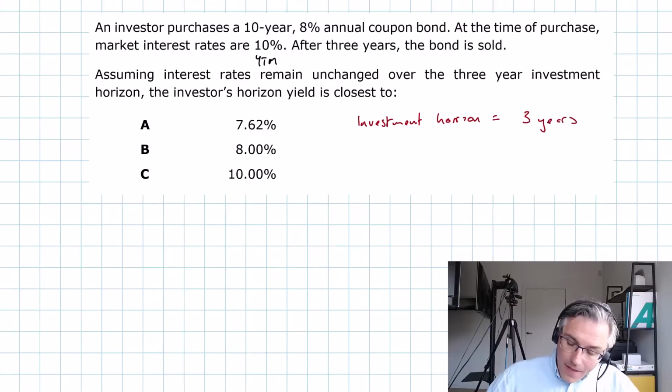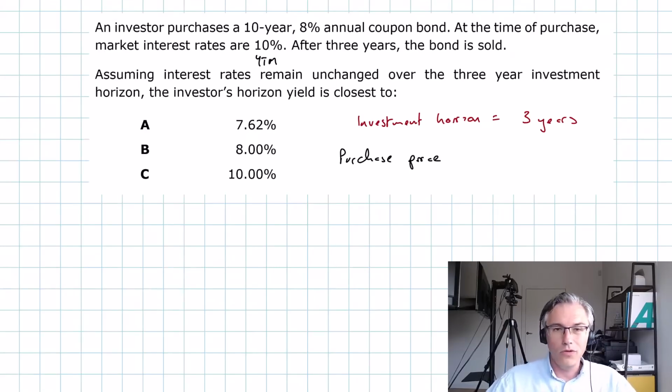Okay, and let's calculate the purchase price. How much did they pay to get this bond? Because you can't calculate a rate of return on an investment if you don't know what the price going into the investment actually was. So I'm going to utilize our trusted and tested time value of money worksheet to do this.